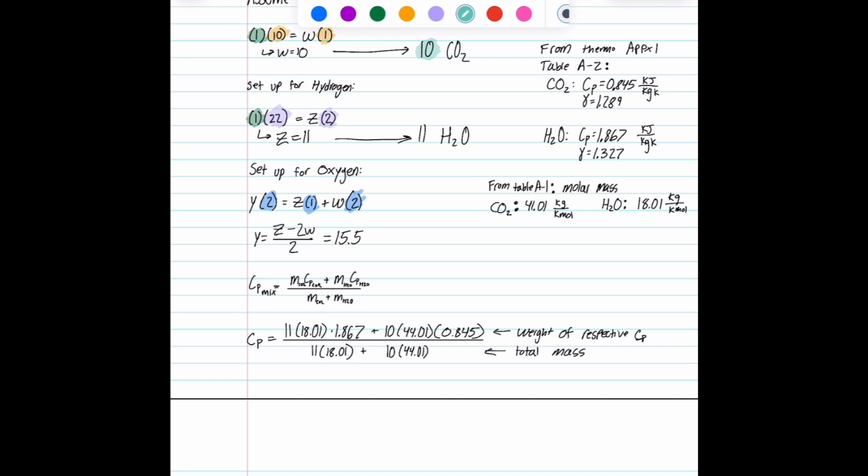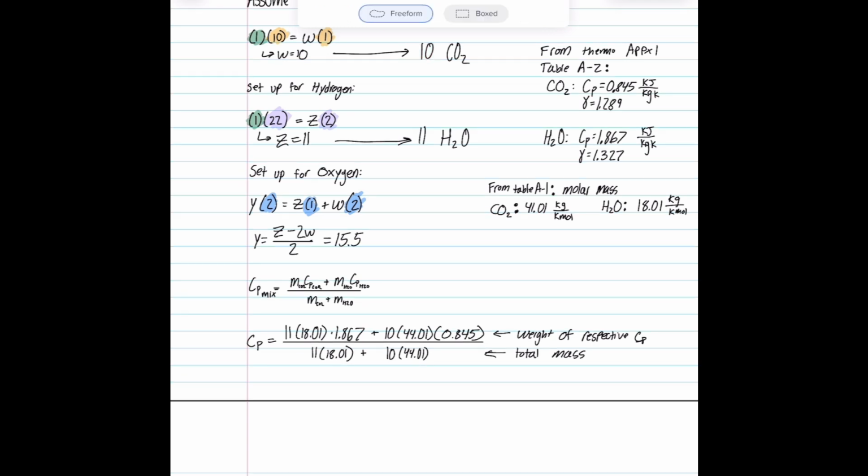So plugging in the Cp values for each, and I'm just going to rearrange that to match the format of the bottom equation. But we have 11 parts H2O multiplied by the mass of H2O times the Cp associated with H2O. And then we could do the same thing for CO2 and make sure that all the masses are multiplied by their associated ratio of the mixture.